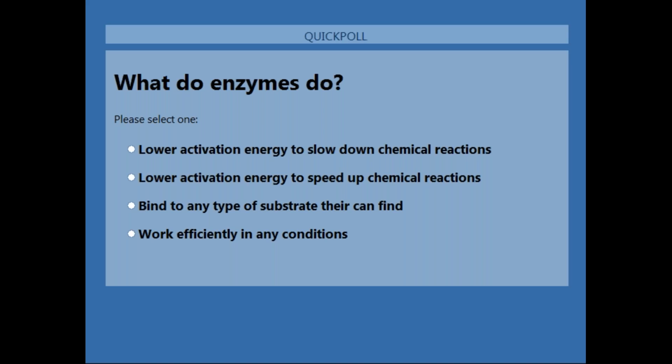Do they bind to any type of substrate they can find, or do they work efficiently in any conditions? Only one of those is true. What do we think it is? There's a typo here. This should be they.